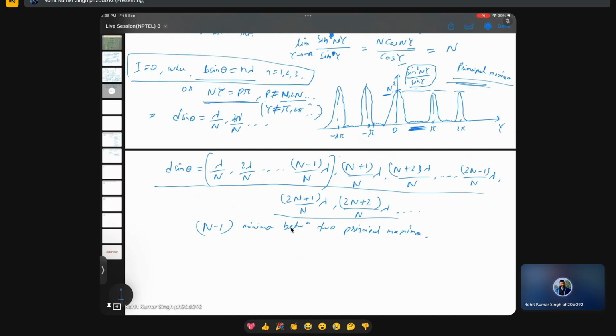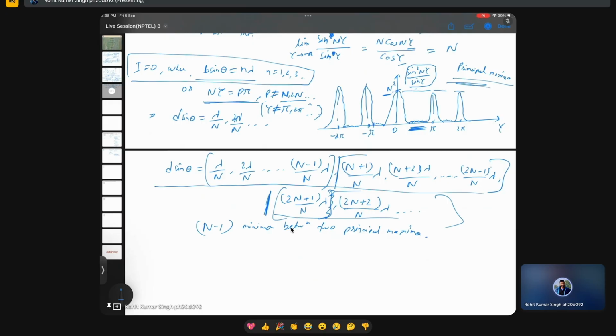Then here you will have a maxima, then this is another set of minimas, then here you will have a maxima, then another set, and it will go on and on, which corresponds to these minimas.